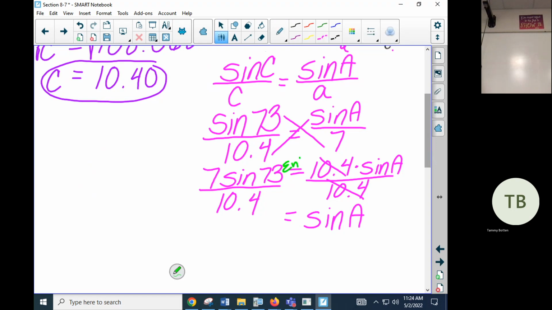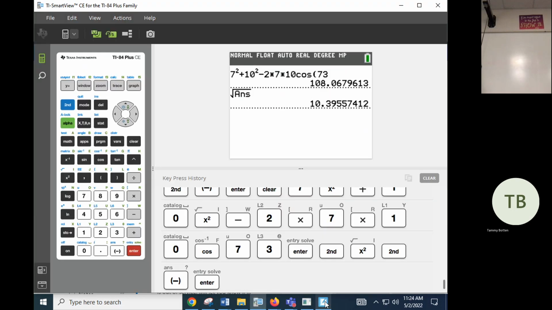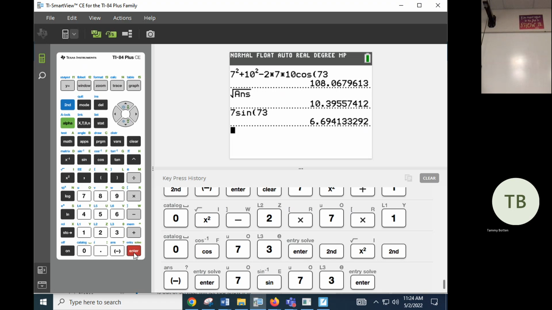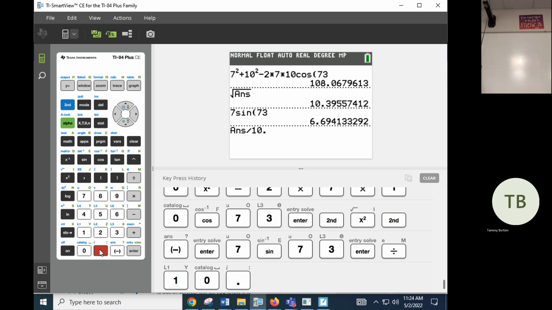I want to hit enter after 7 sine 73. So I go 7 sine of 73, enter, divided by 10.4.